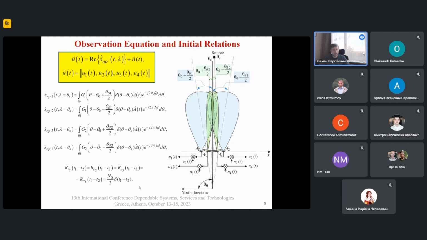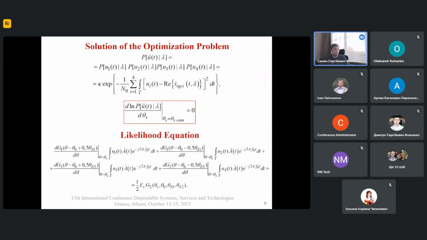It means that this is white Gaussian noise. And in this case, we developed the maximum likelihood function and started to search for its maximum. And we got the likelihood equation.